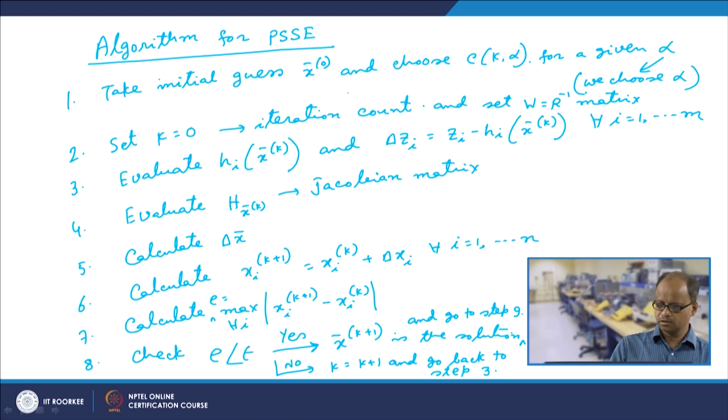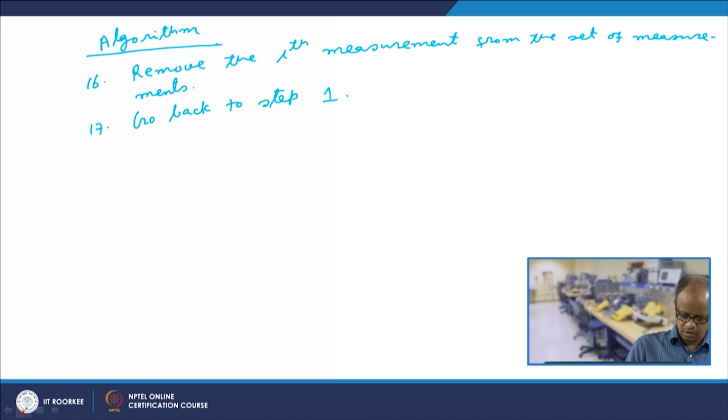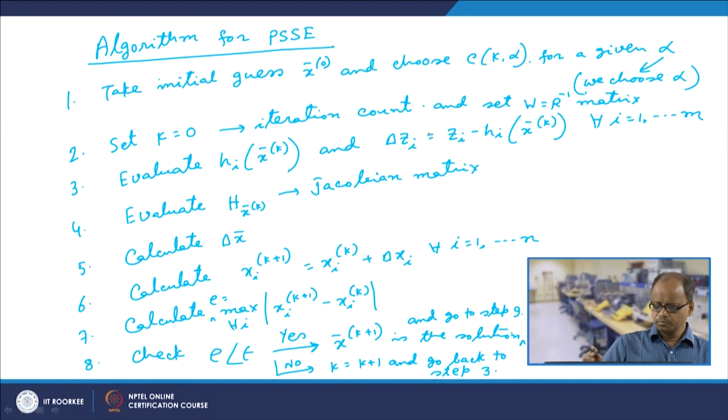Now here, we have to look into the structure of this Jacobian matrix. So now let us look at the structure of the Jacobian matrix. Now here also we must do one thing.